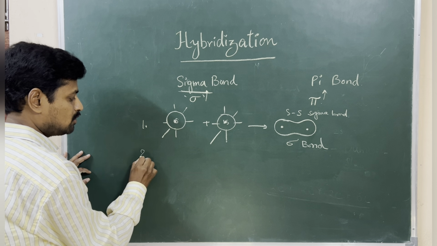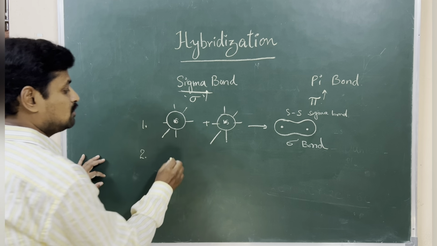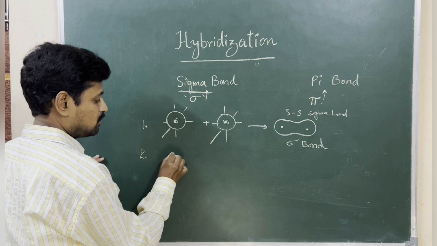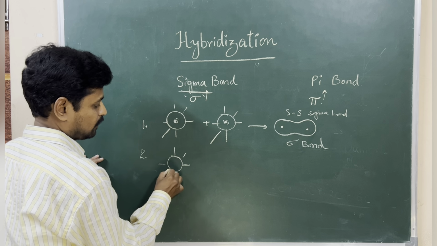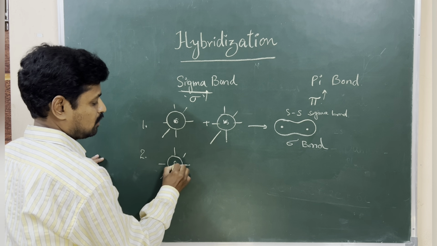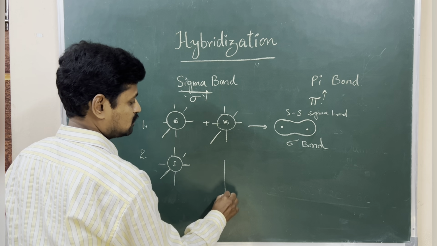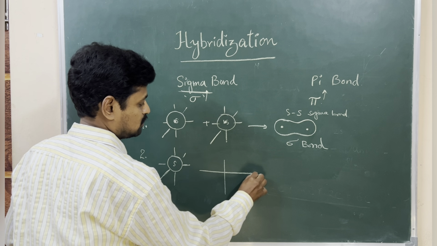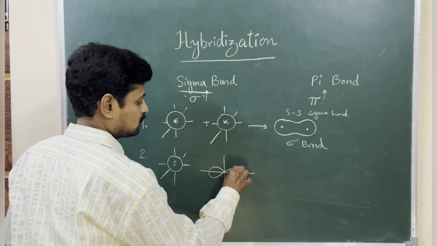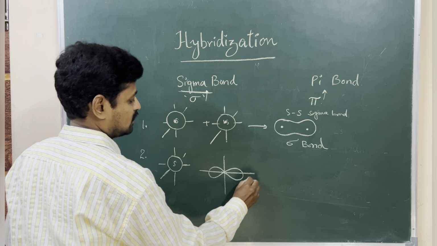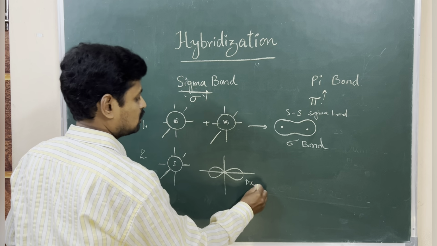The second sigma bond is when a 1s orbital is combined with a 1p orbital along the x-axis, px orbital.